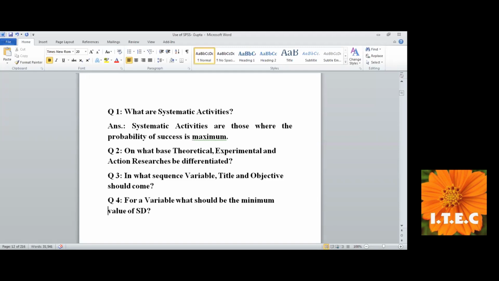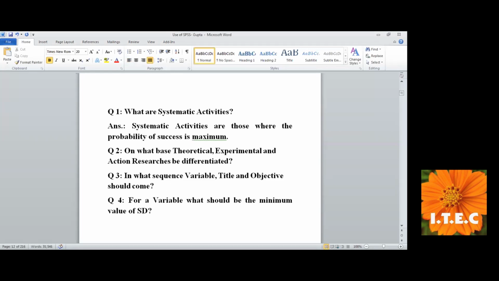Because you will have quantitative data for the variable, and you can calculate the standard deviation, and then you must know for a variable what should be the minimum value of standard deviation.